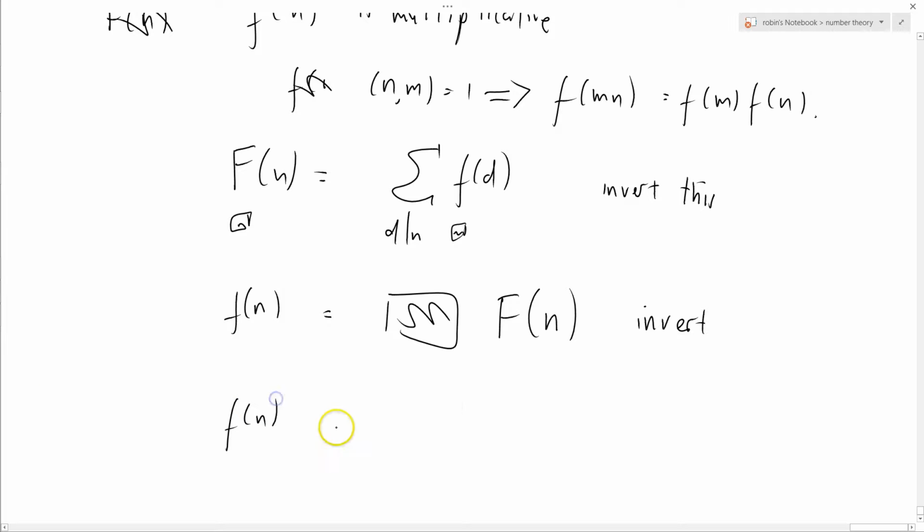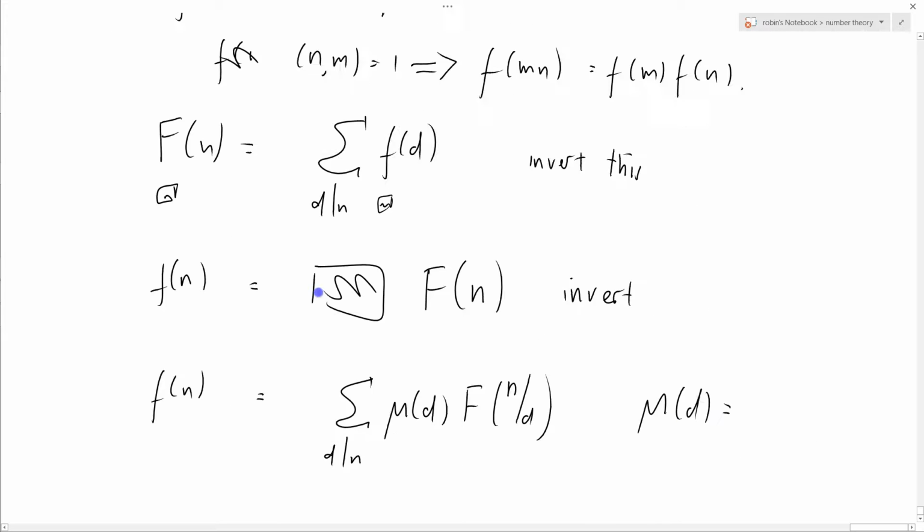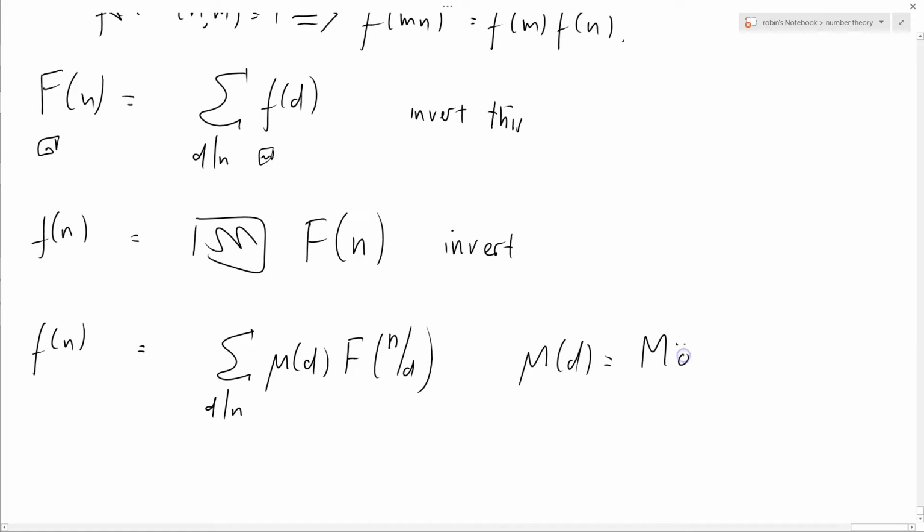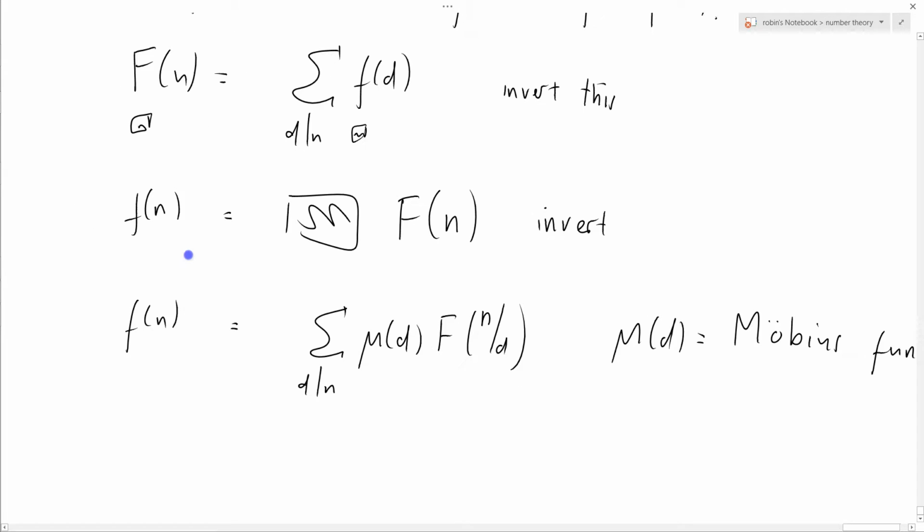f of n equals the sum over d divides n of mu of d, capital F of n over d, where mu of d equals the Mobius function that we covered in one of the screencasts before.